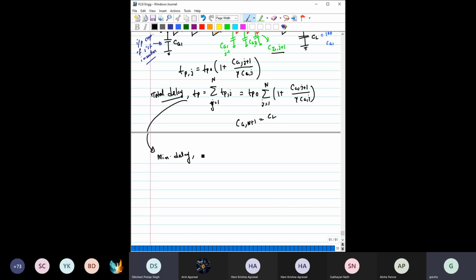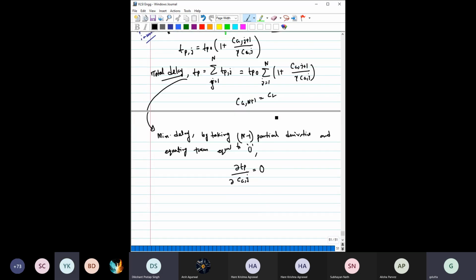So for minimum delay, by taking n minus 1 partial derivatives and equating them equal to 0, that means you have to take delta Tp by delta Cg of j, and make it equal to 0, right?